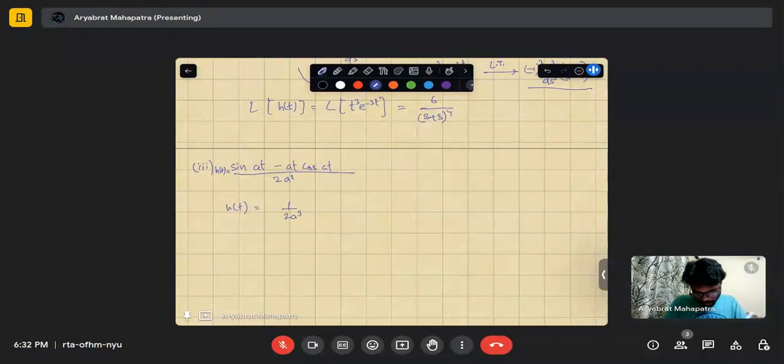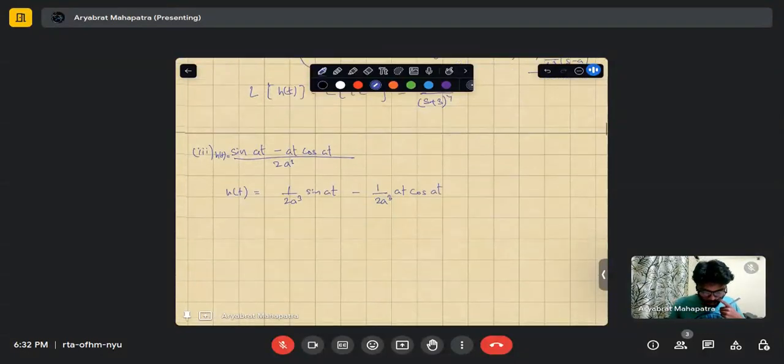I mean, there is nothing to simplify here, but writing it separately, you can see that when you take the Laplace transform of this h of t, on the right-hand side also you will take the Laplace transform.